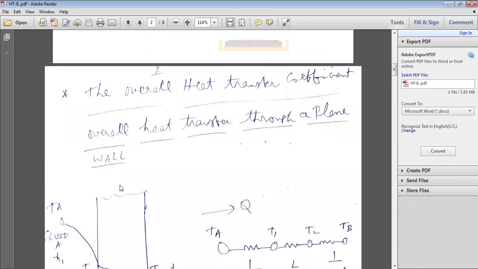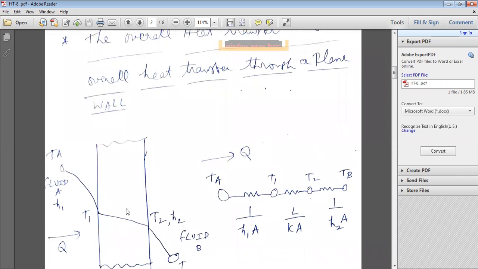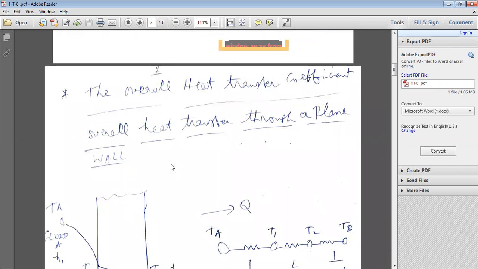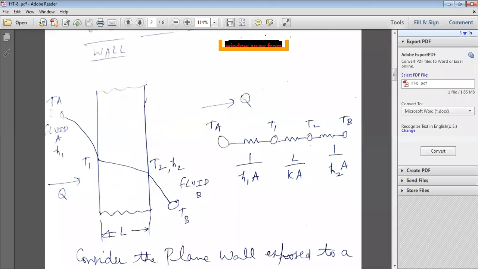If you combine convection and conduction, the overall heat transfer coefficient comes into the picture. So what is the overall heat transfer coefficient? That is also a very important point here. Consider overall heat transfer through a plane wall. Here we have a convective fluid A with temperature TA and convective heat transfer coefficient H1.